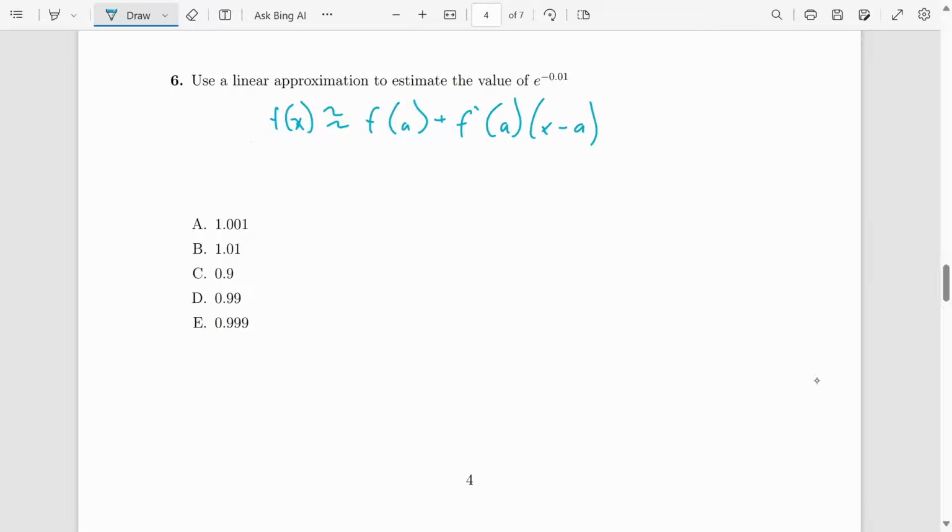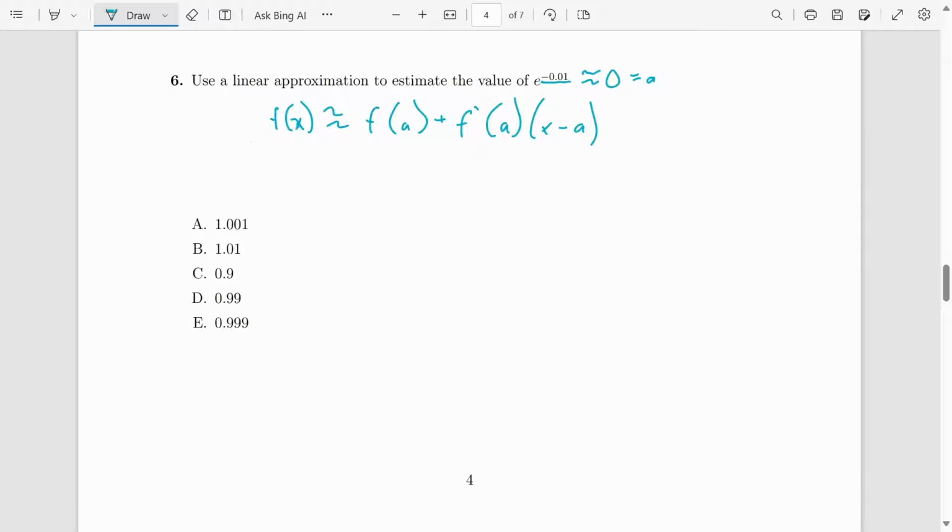In this case, a is going to be a value that is really close to what we need to plug in. Since we're approximating -0.01, a number really close to that that would be easy to substitute in would be 0. So that is going to be our a value, 0. Our x value is going to be the original, which is -0.01.